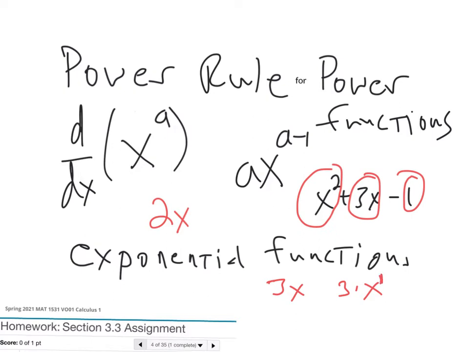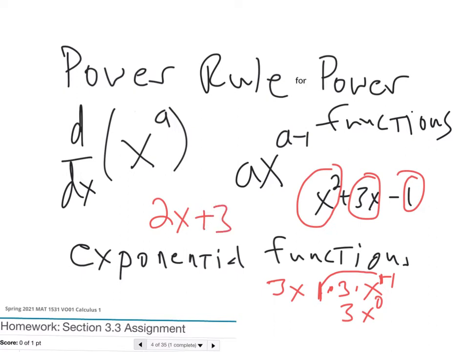What you're going to do is you see that x has an exponent of 1. We're going to bring that 1 down in front, multiply by what's there, and then take away 1. Well, 1 minus 1 is 0, so 1 times 3 is 3, times x to the 0, and we know another name for x to the 0 is just 1, right? Anything to the 0 power is 1, so that's 3 times 1. So the easy thing is just 3.